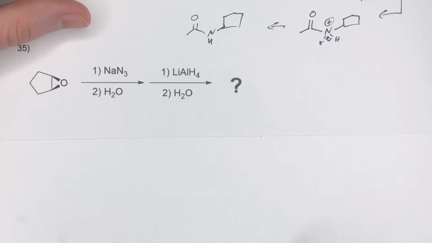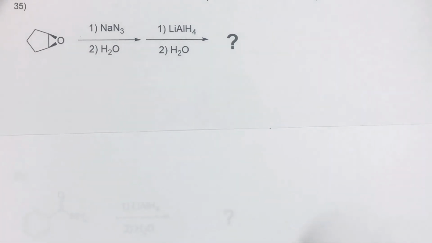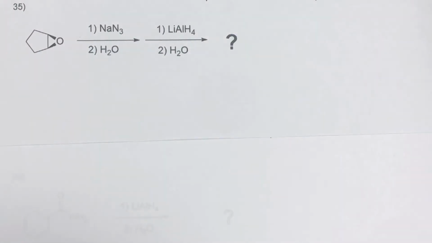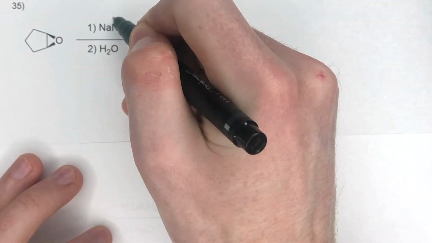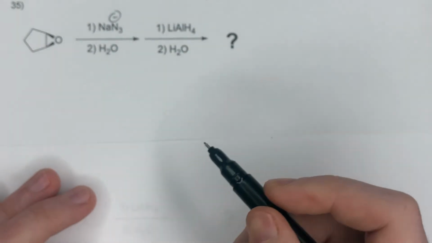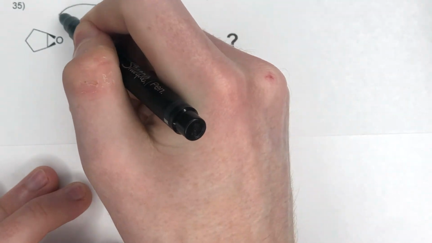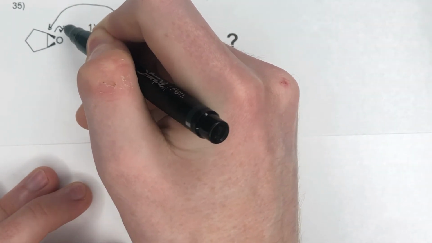All right, moving on. All right, here we have an epoxide and we have sodium azide. Sodium azide is a very strong nucleophile, so it's going to attack the epoxide at either site.